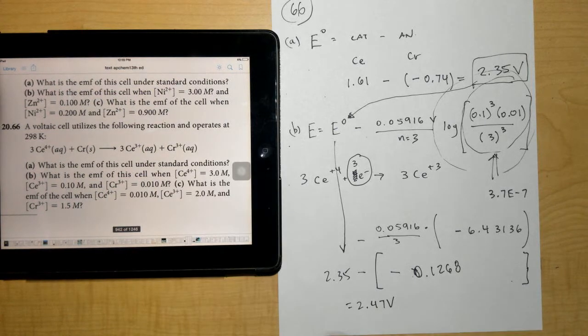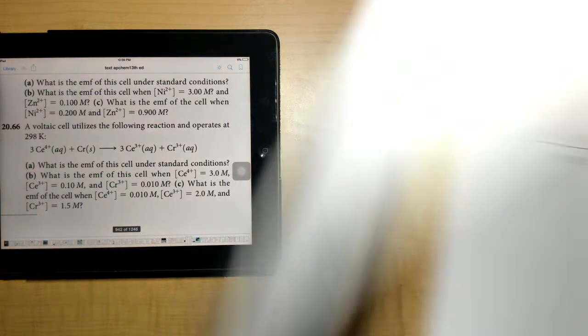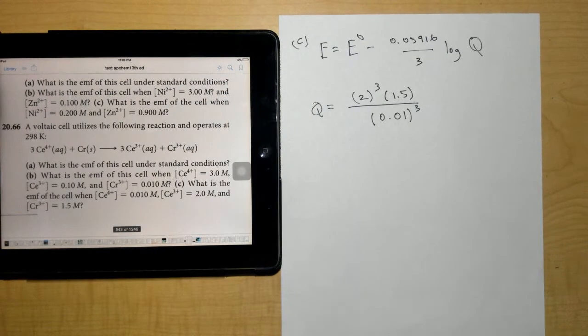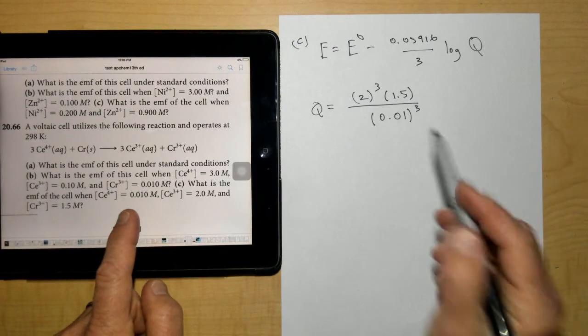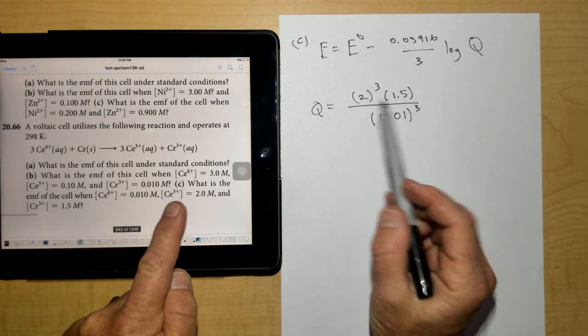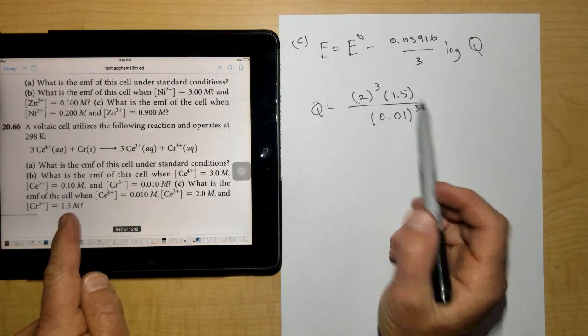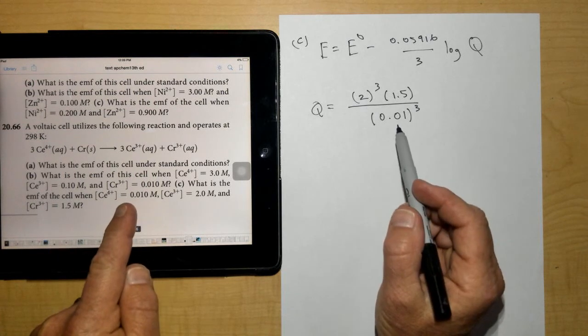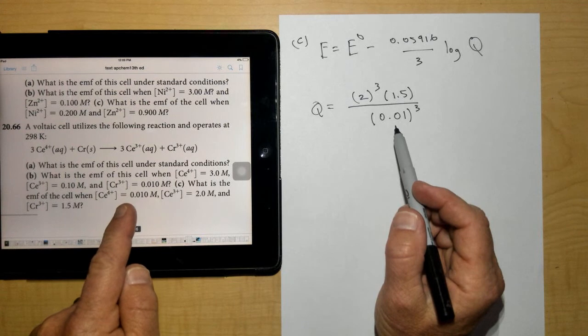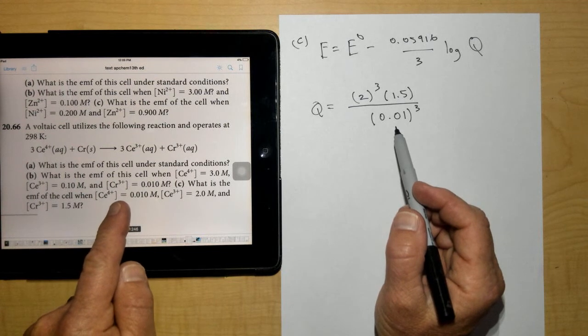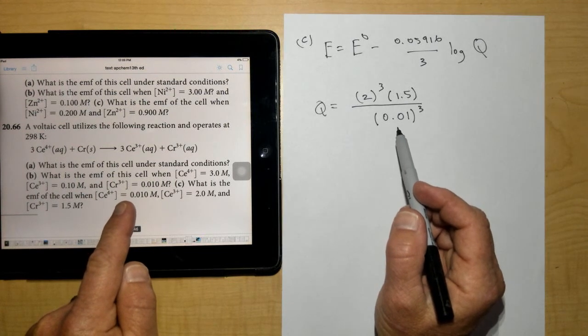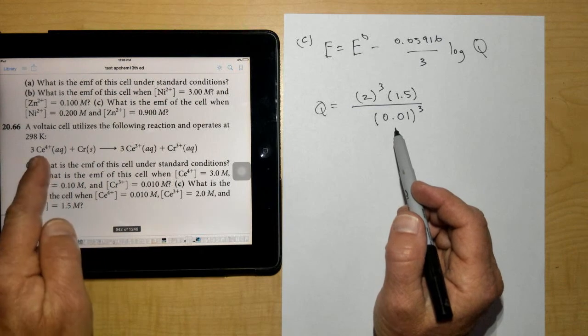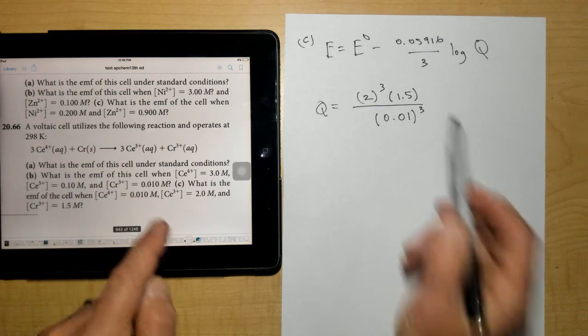Part C is almost exactly the same, except this time I have a different Q, and you can see this time I have 2, I have 1.5, and then I have 0.01 down here for my cerium. Products divided by reactants. Yes, this is my reactant right here, 0.01 to the third power.